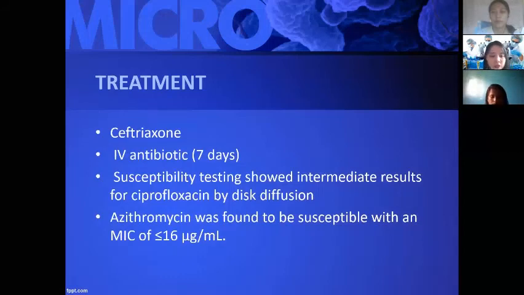The susceptibility testing showed intermediate results for ciprofloxacin by disk diffusion, and azithromycin was found to be susceptible with a minimum inhibitory concentration of less than or equal to 16 micrograms per milliliter.